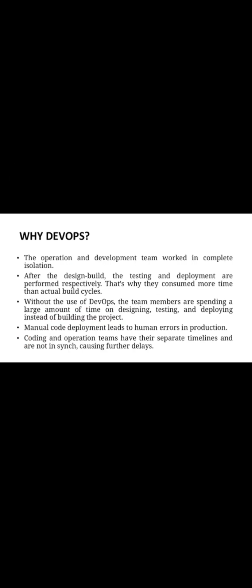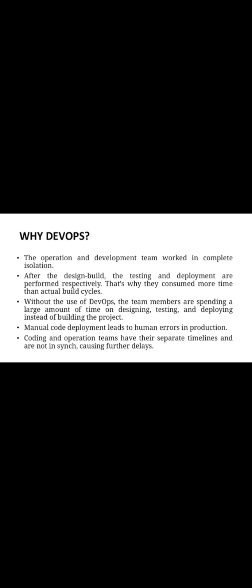Next, why DevOps? Why do we have to use DevOps? Because the operation team and development team work together to complete one application or one project. After the design and build phase, it moves automatically to the testing phase and deployment phase.